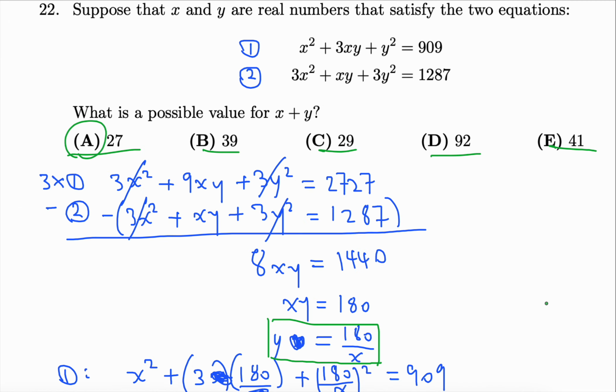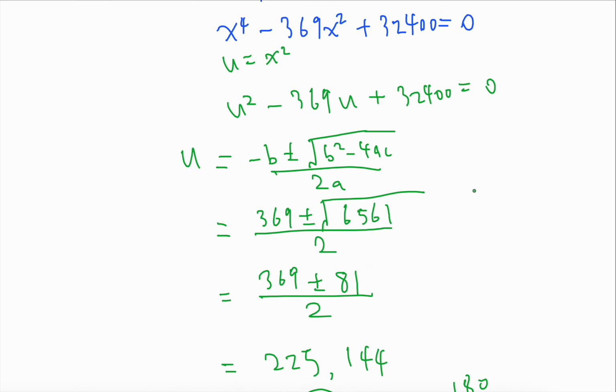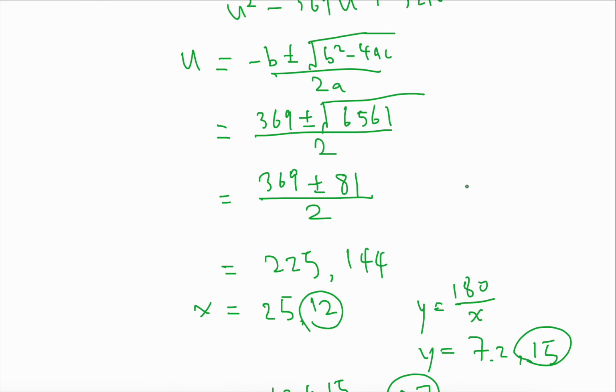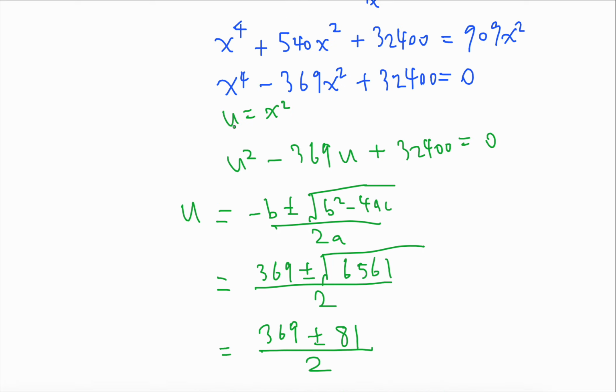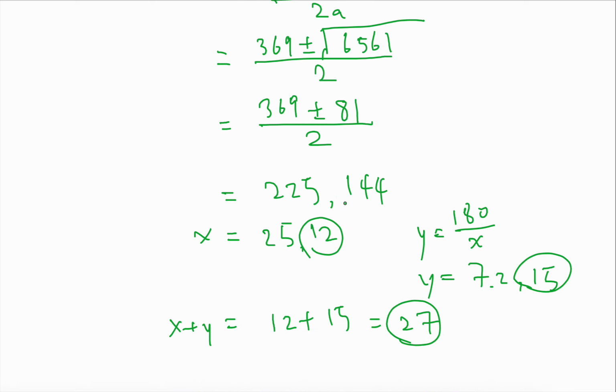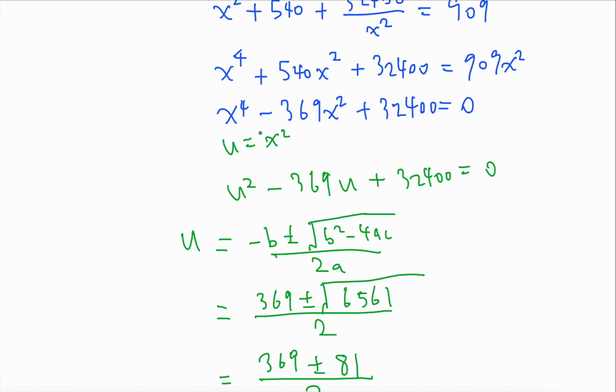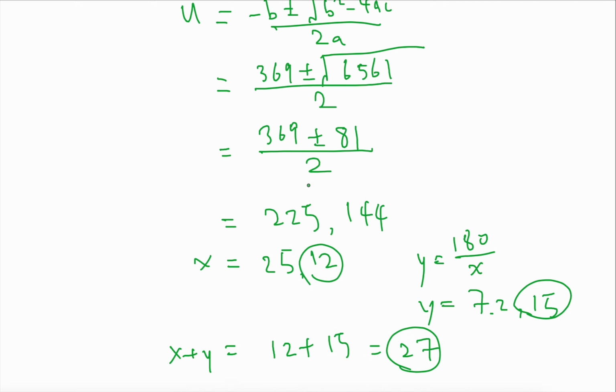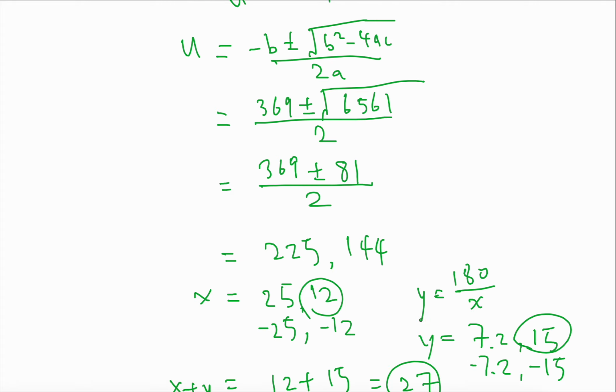So yeah, it is A, but there is something wrong in what I did in assuming that we just square root it when we set u to x squared, because you can't just take the square root; we have to take the square root with a plus or minus sign. So these could be negative 25 and negative 12, and negative 7.2 and negative 15. But yeah, so that's the answer.